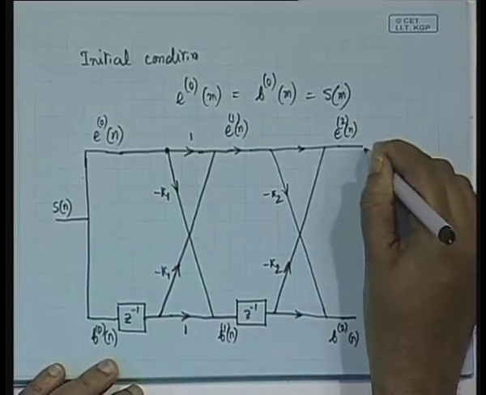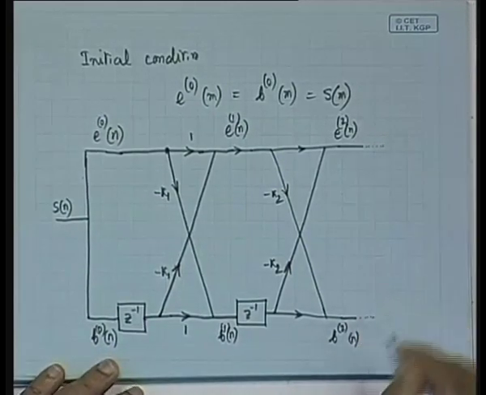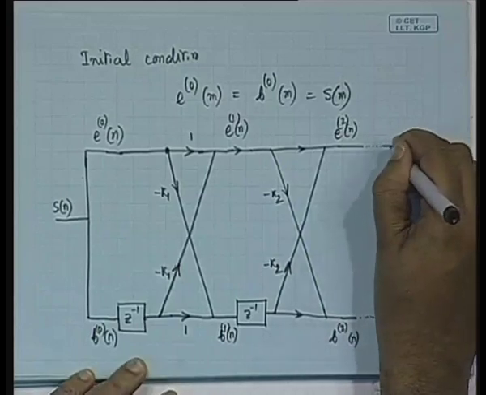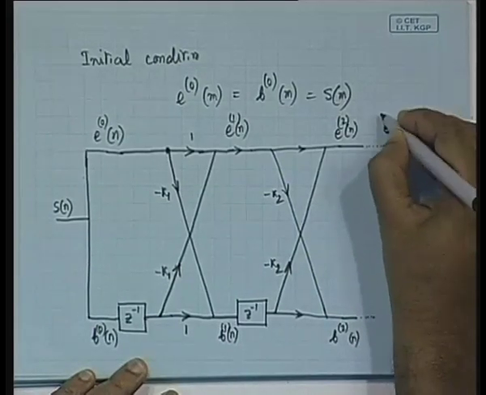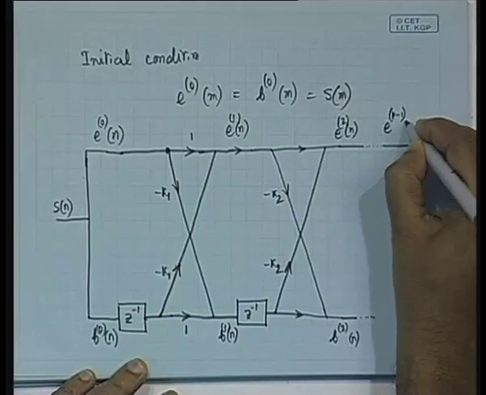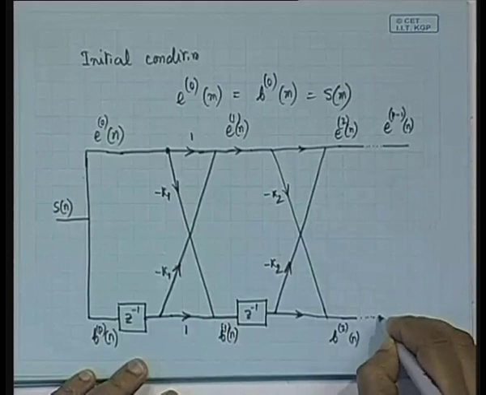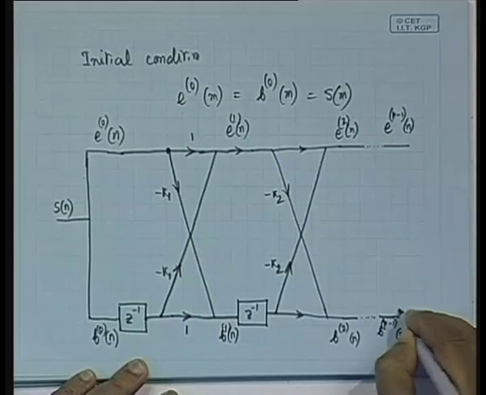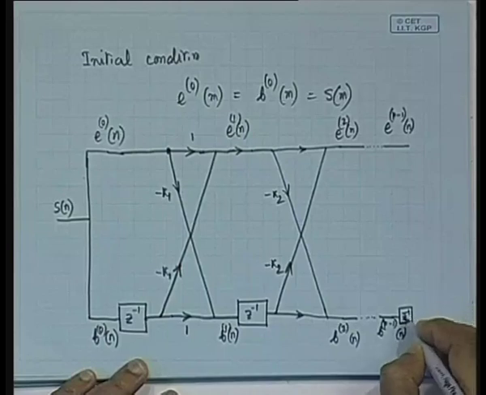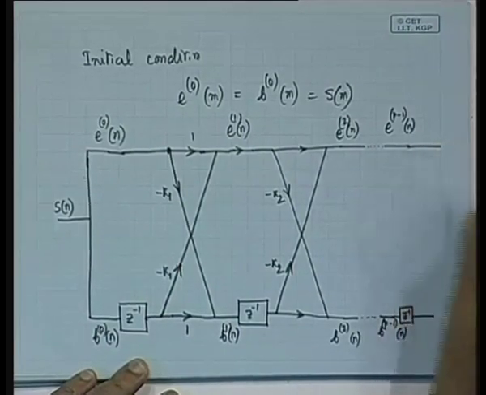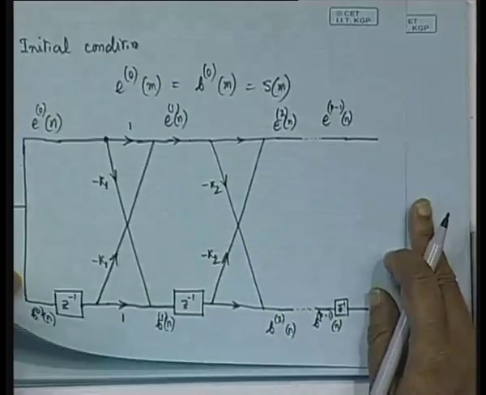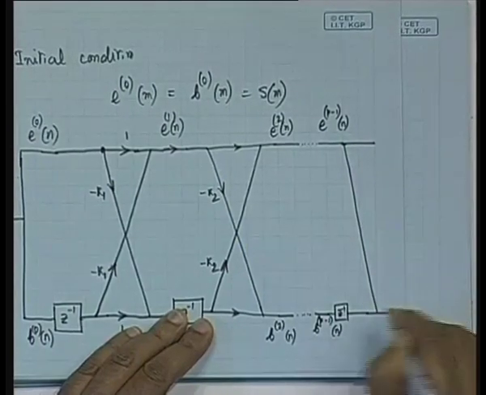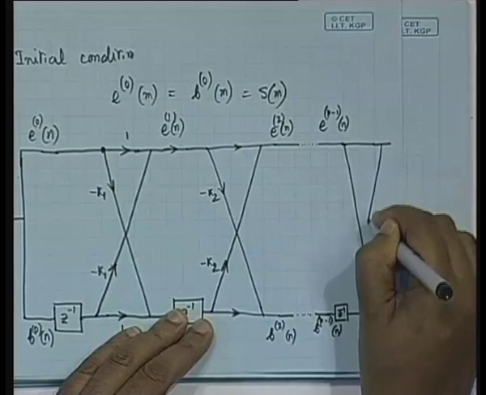Now, we are showing dotted lines just to indicate that a very similar structure is in progress. The last realization in the lattice will be E of p minus 1 n, and here we will have B p minus 1 n, and then there will be a z to the power minus 1. The diagram should not appear clumsy to you, so let me try to draw it in a clear manner.